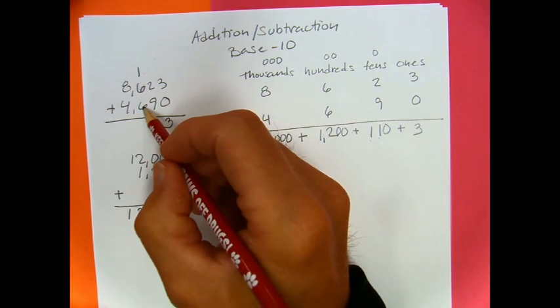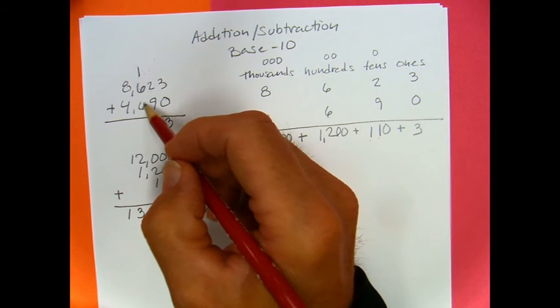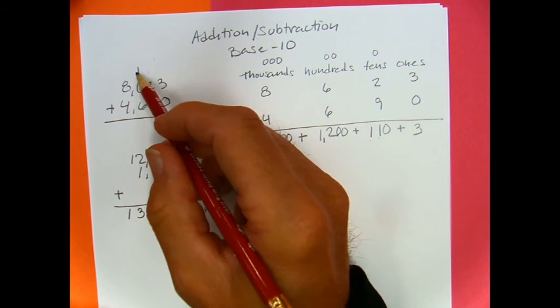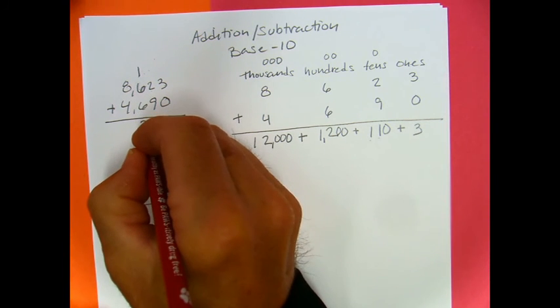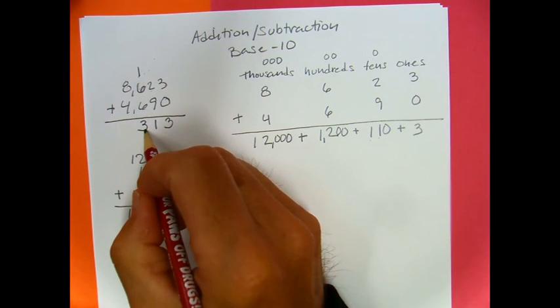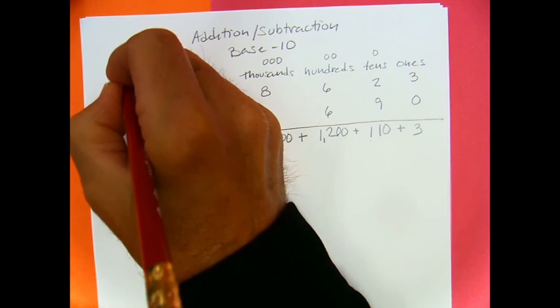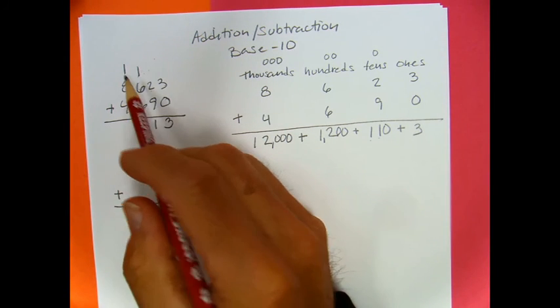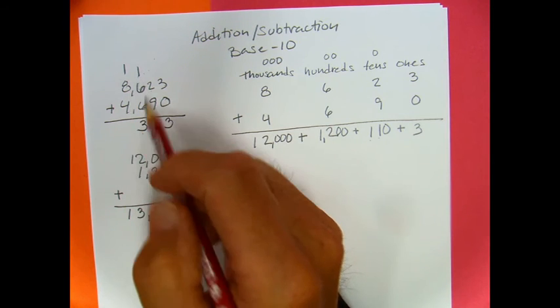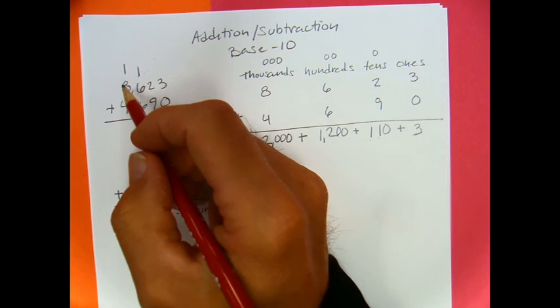Now I'm going to add my 6 plus my 6 and this 1. So 6 plus 6, I know my doubles, is 12, plus 1 is 13. Now I have 13 again. So I'm going to have to put one of my digits, the 3, in the hundreds place, and the 1 from the 1,300 in the thousands place. Now I'm going to add these up.